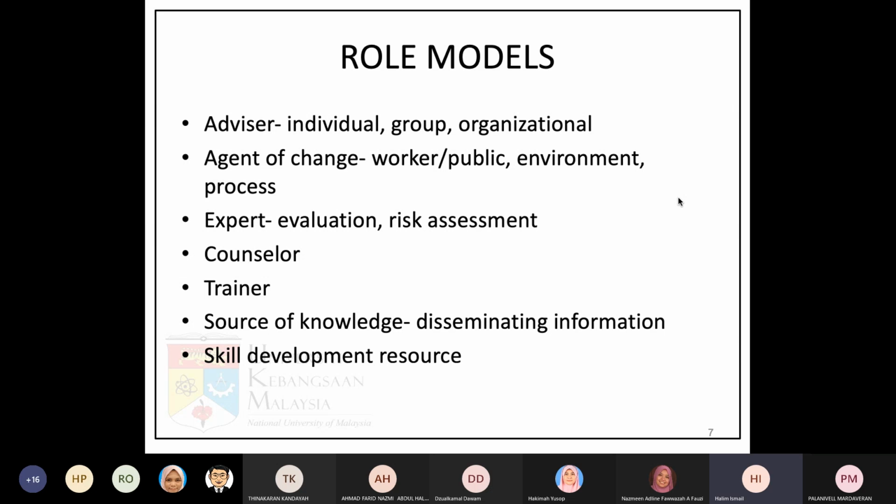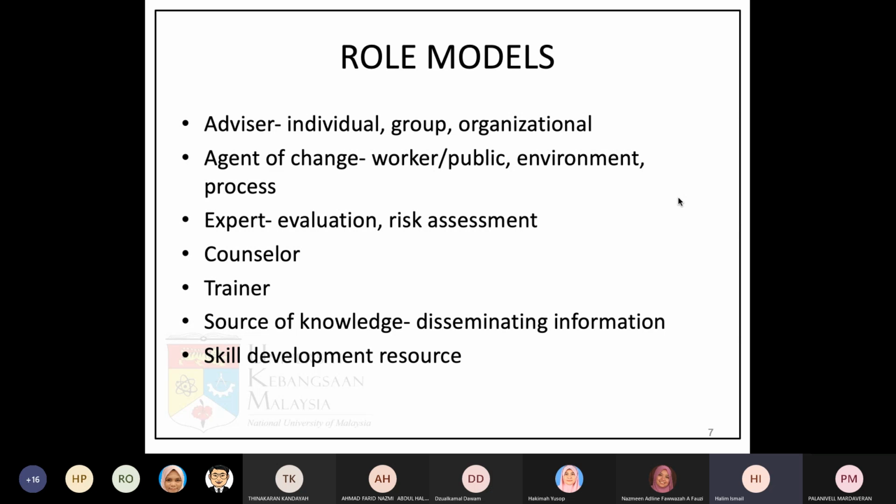They become the agent of change for the workers or the public, to ensure the environment is well protected and to address processes that can pose hazards. They serve as an expert where they provide evaluation and do risk assessment of hazards in the workplace or in the environment.